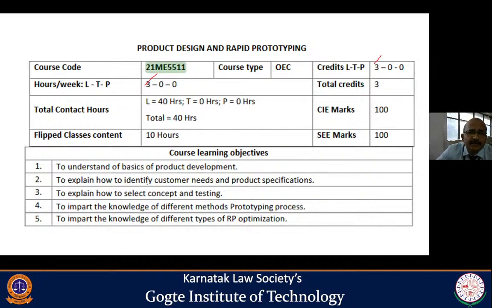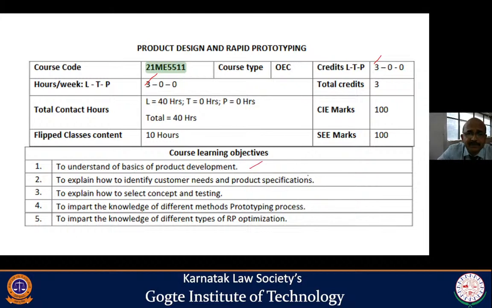Okay, then the various course learning objectives of this are to understand the basic product development, to explain how to identify customer needs and product specifications, to explain how to select concept and testing.